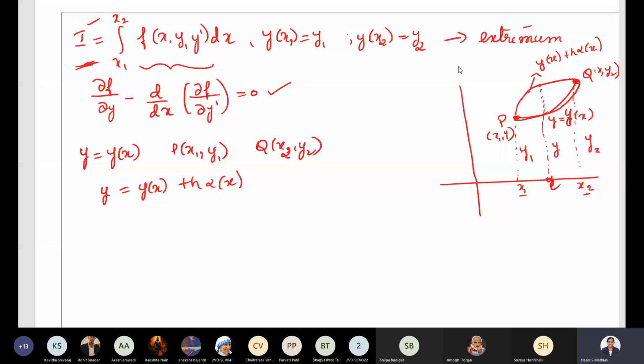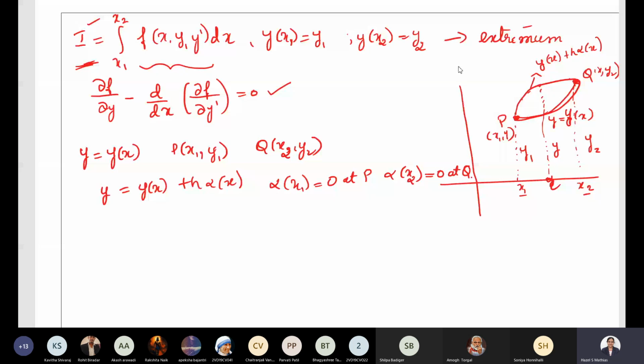We have considered the curve y equal to y of x plus h times alpha x, the neighboring curve joining the points P and Q. So if these two curves have to be equal at the end points, then we must have alpha of x1 equal to 0 at P and alpha of x2 also equal to 0 at Q.